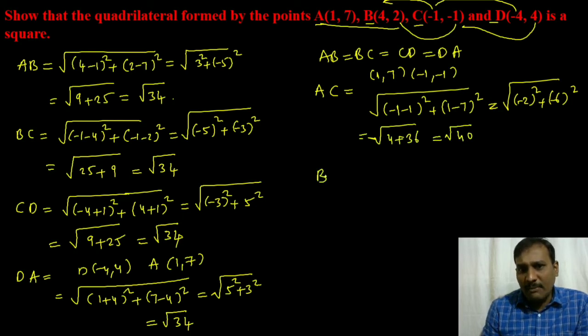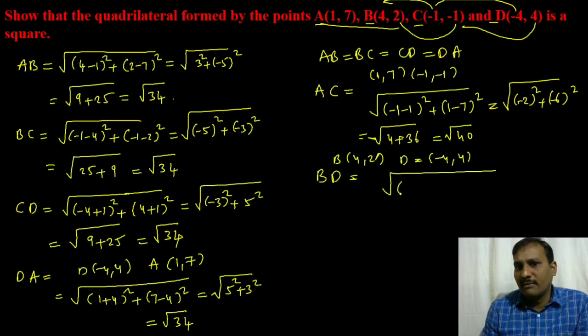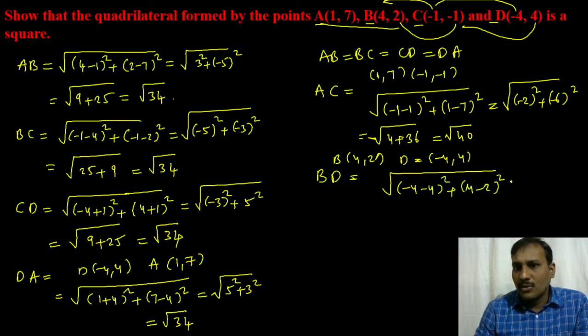Now let us take BD. So what is B here? 4 comma 2. And what is D here? Minus 4 comma 4. Let us find the distance between them. (Minus 4 minus 4) whole square plus (4 minus 2) whole square. So that is equal to square root of (minus 8) whole square plus 2 square.